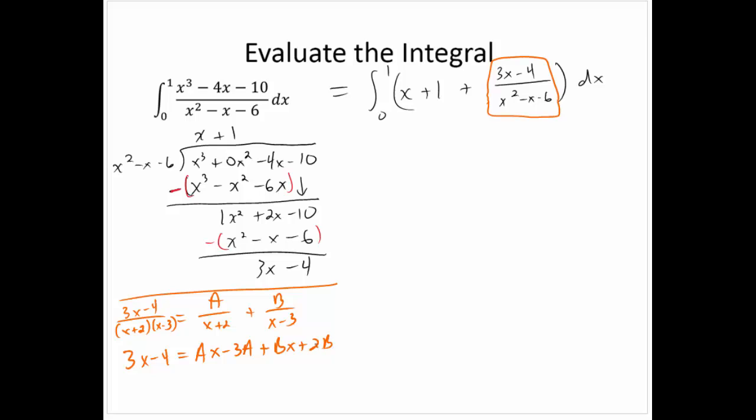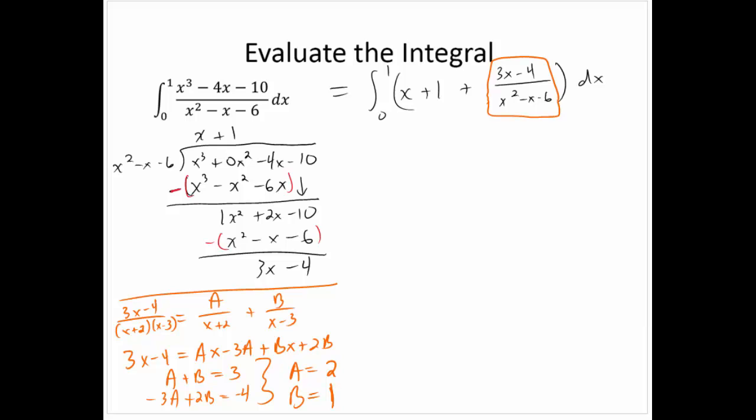Grouping together, then a plus b must equal 3, and negative 3a plus 2b must equal negative 4. Solving this system of equations using what we've learned in algebra, we find that a is 2 and b is 1.